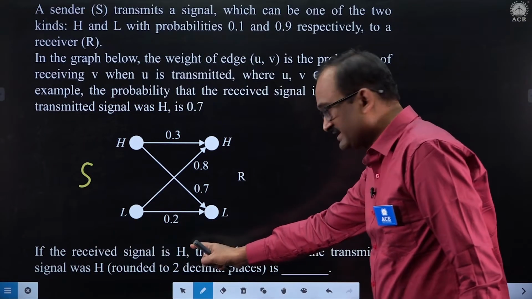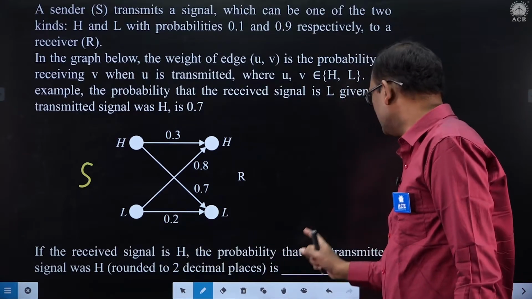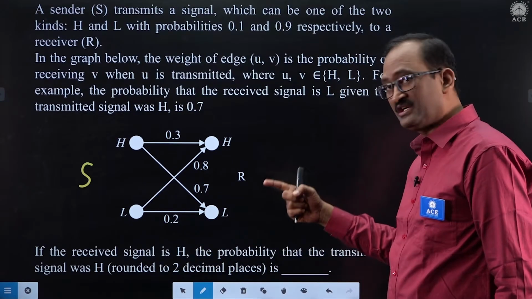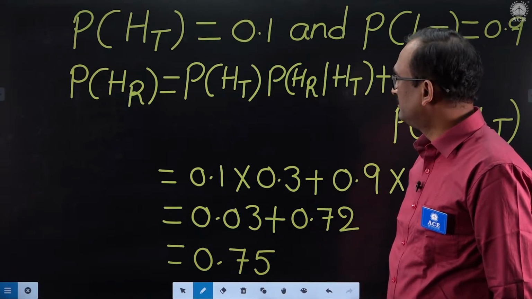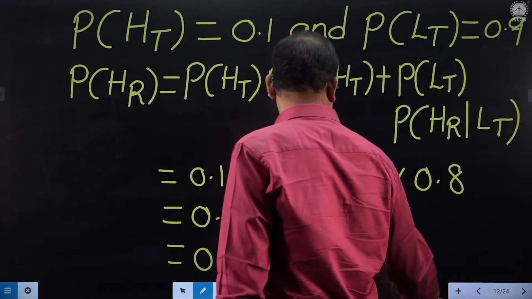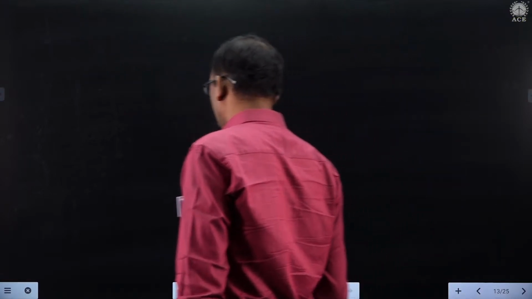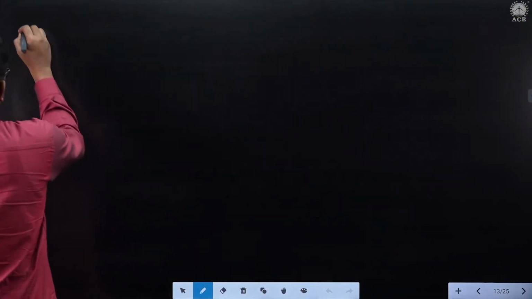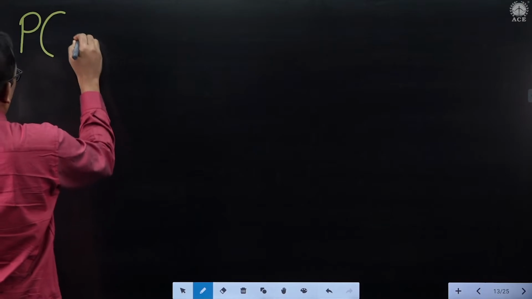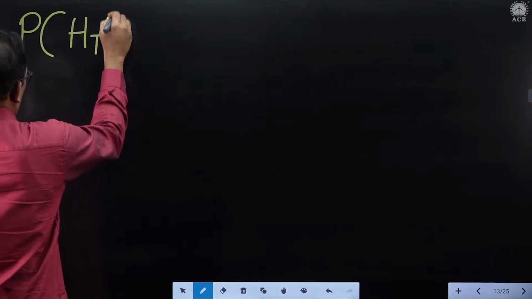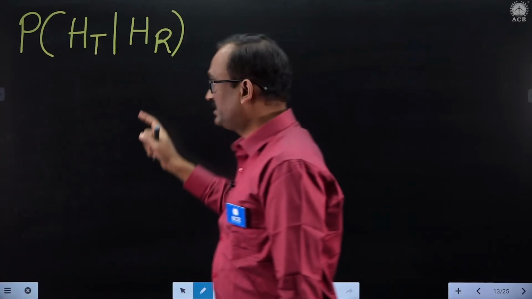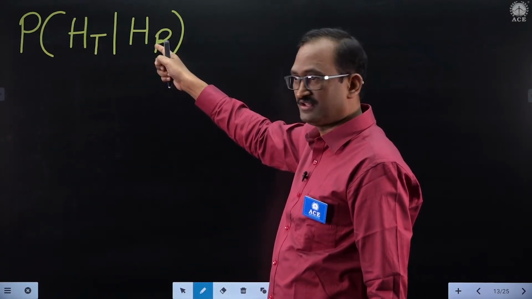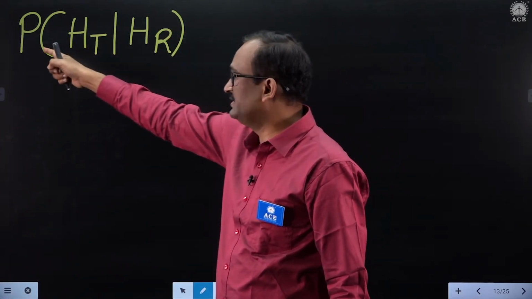If the received signal is H, what is the probability that the transmitted signal was H? If the received signal is H, problem meaning is, if signal H is already received, then how much probability will be there?